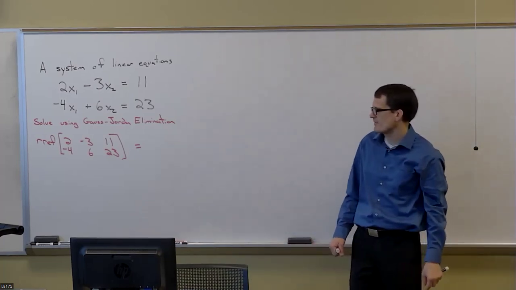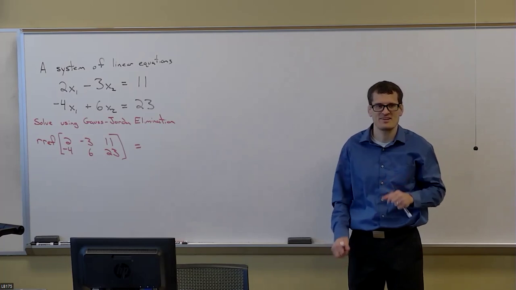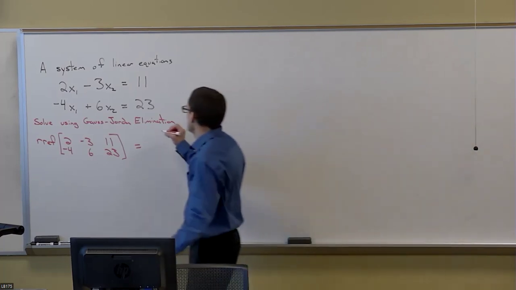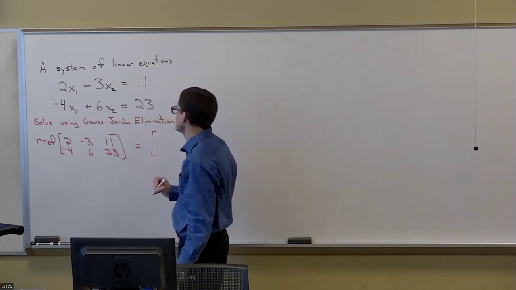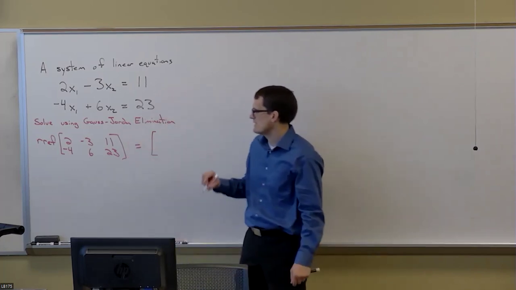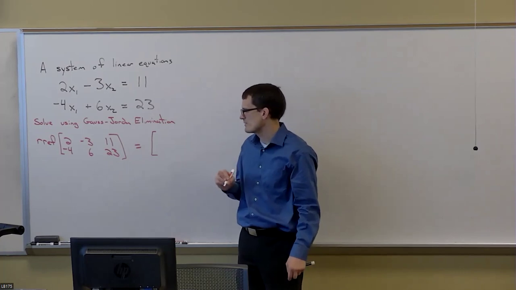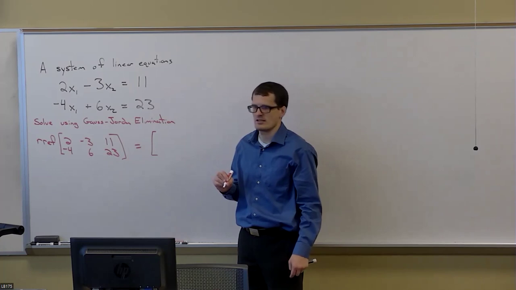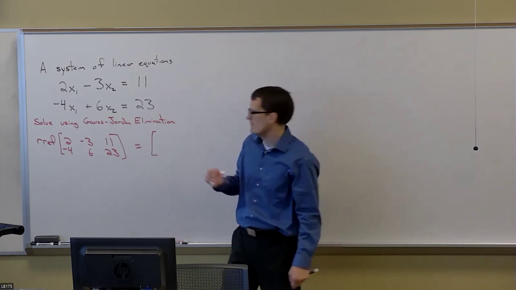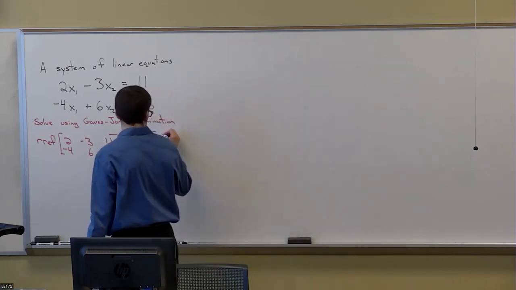All right, good. So the augmented matrix is 2, -3, 11, -4, 6, 23. When you do Gauss-Jordan elimination, a strange thing happens.